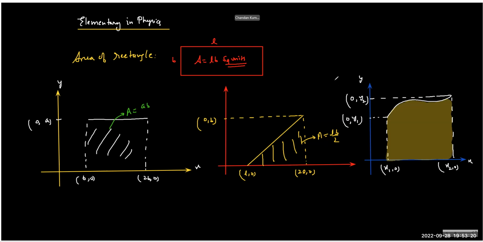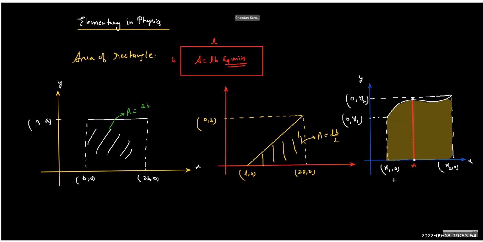So what can we write? We can write only if we break this area into infinite rectangles. So I'll go to a random location x and I'll try to draw the thinnest possible rectangle. How thin? Beyond your imagination. It is as thin as you can imagine.